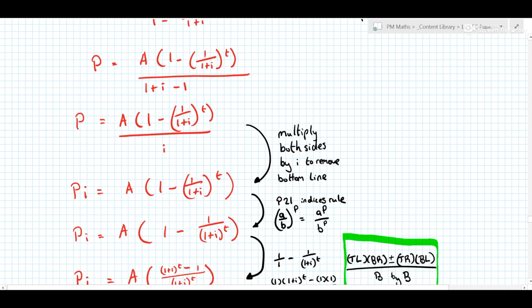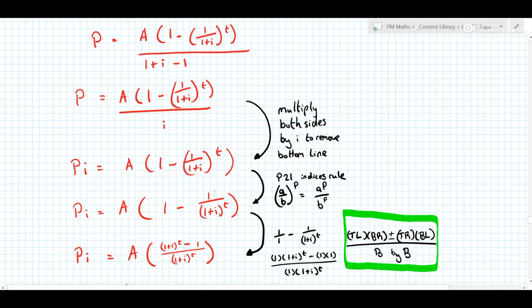Now, coming from here to here is a little strange, and this right here is incredibly useful for adding fractions. Any type of fractions, algebraic fractions, simple fractions, anything, but it makes your life an awful lot easier if you can remember a over b plus or minus c over d.